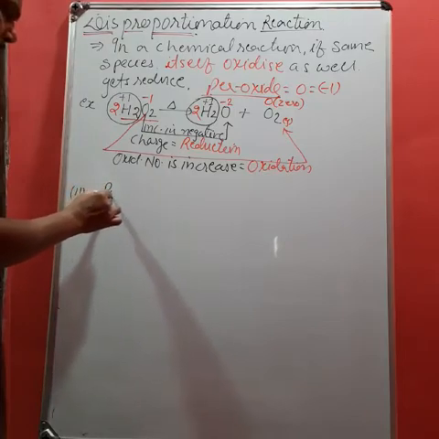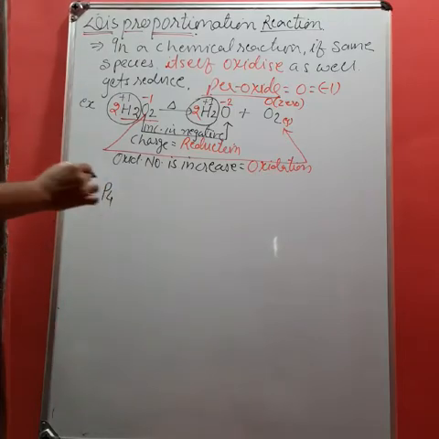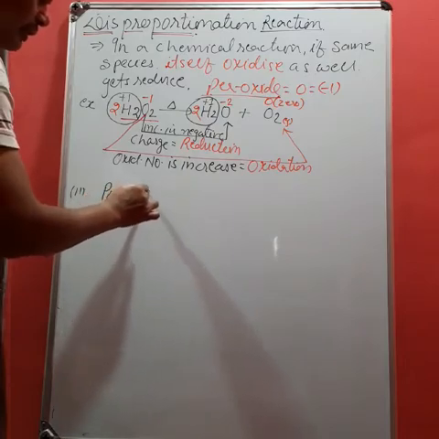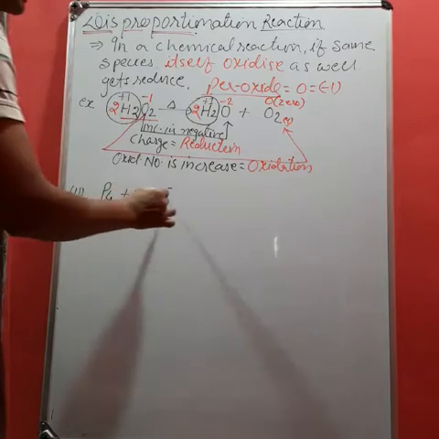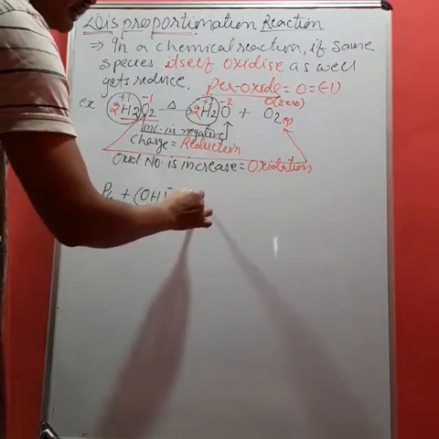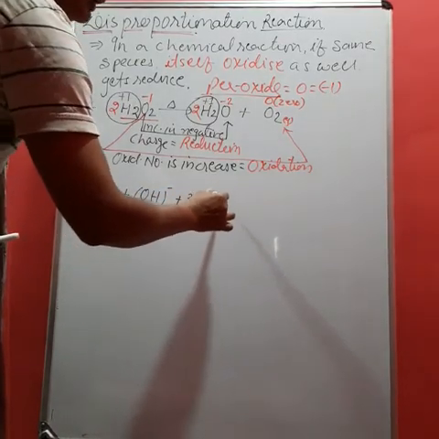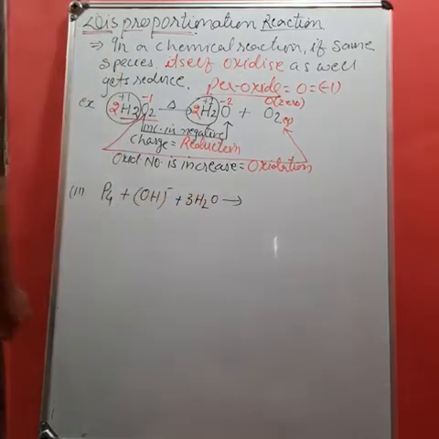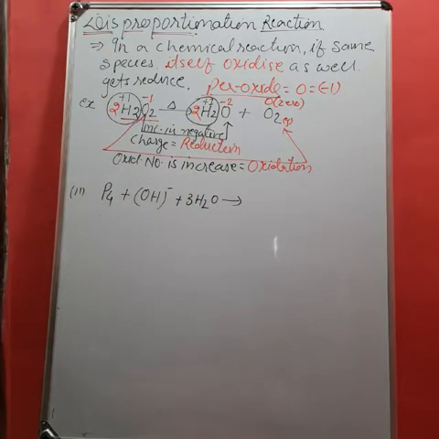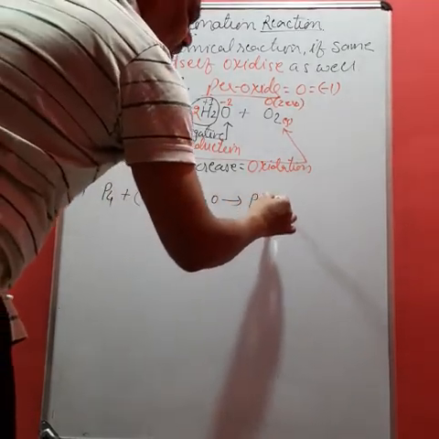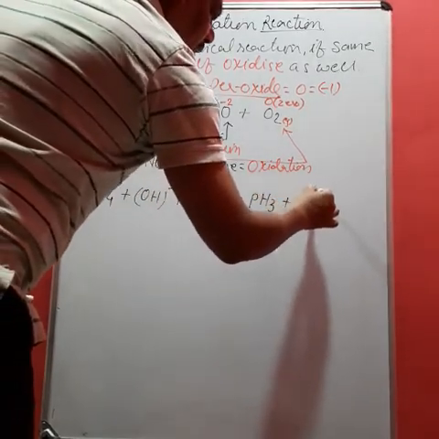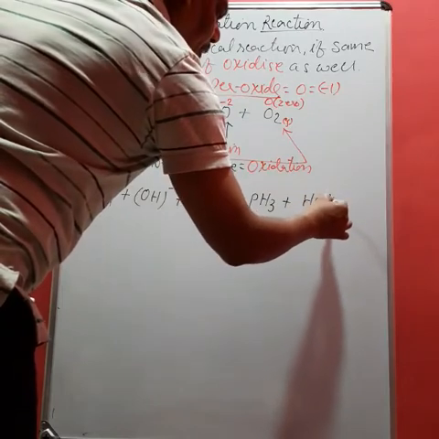We can take one more example. When P4, that is phosphorus, reacts with a base, that is OH anion, in the presence of water, 3H2O, it is converted into PH3 plus H3PO2.